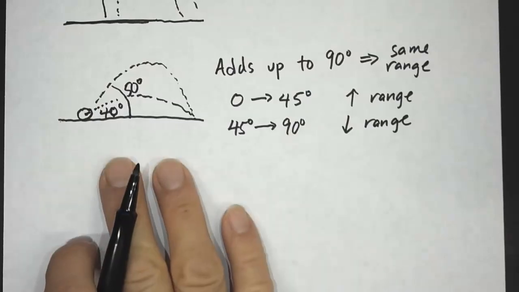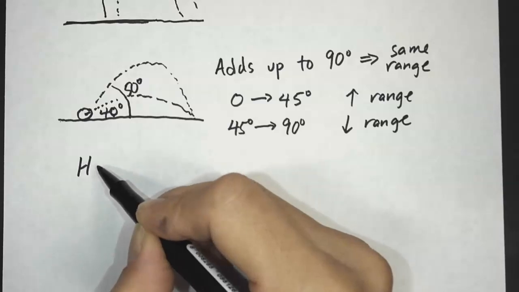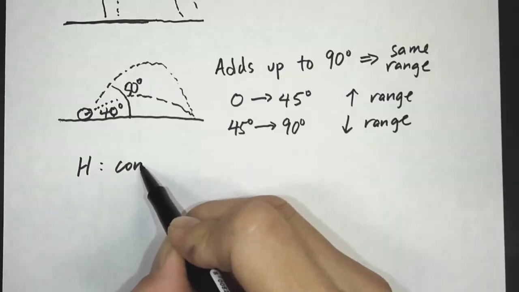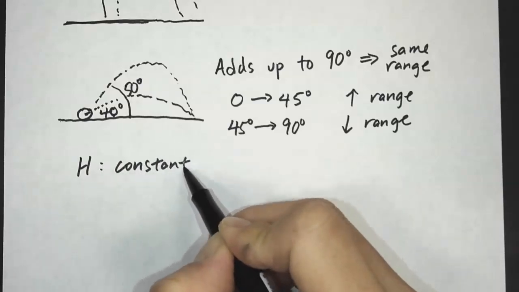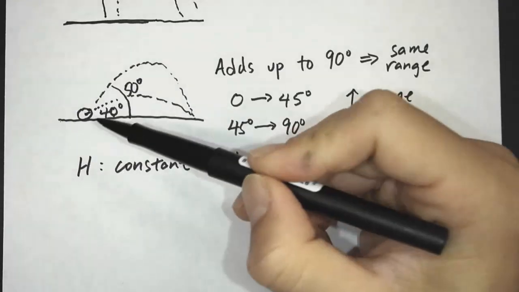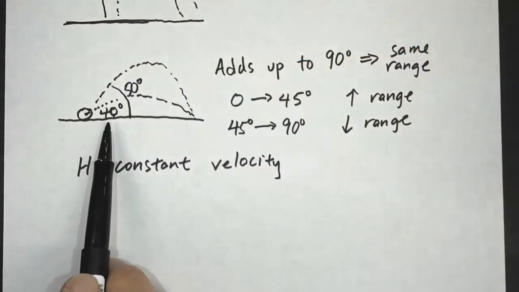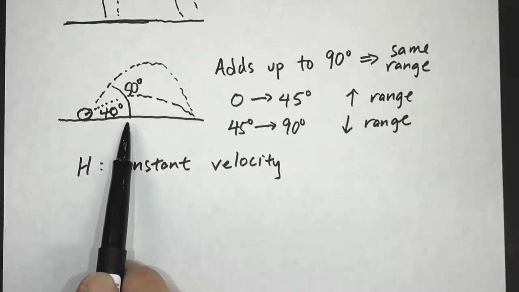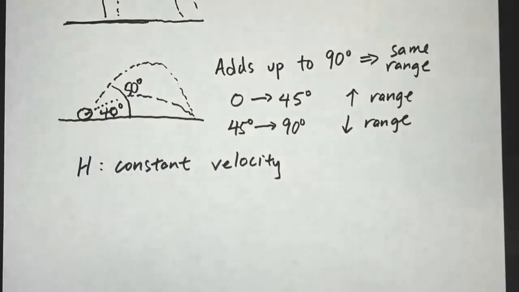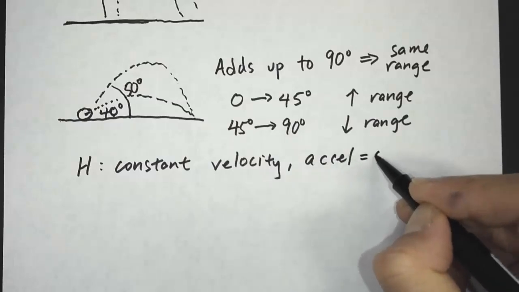Now, with projectile motion, a big idea here is that horizontally it's moving at constant velocity. Think about if you kicked the soccer ball and the sun was right overhead and you were to look at the shadow of the soccer ball. The shadow would be moving at constant velocity. And so we say that the horizontal acceleration is 0.